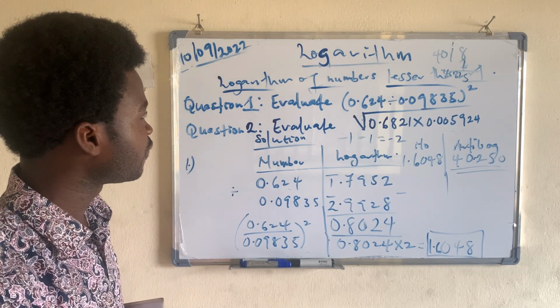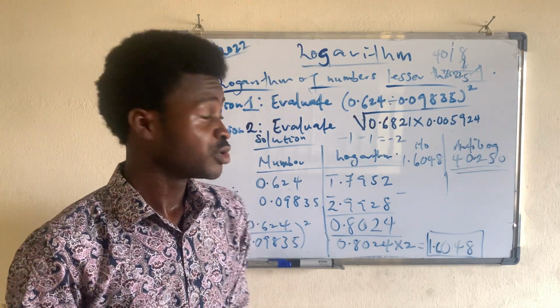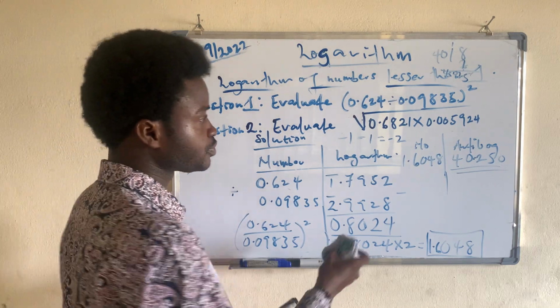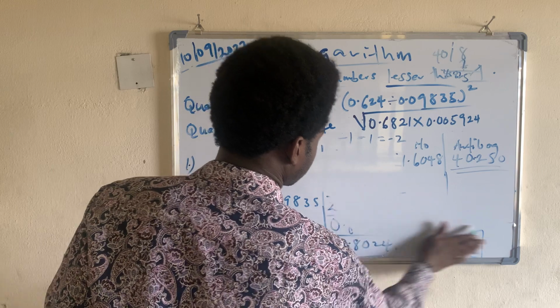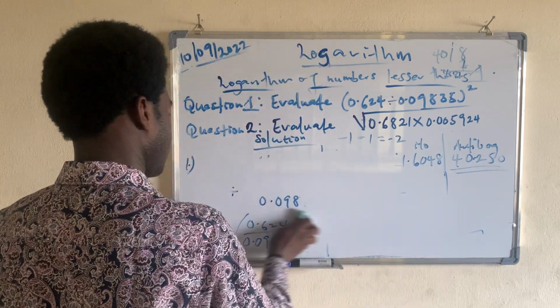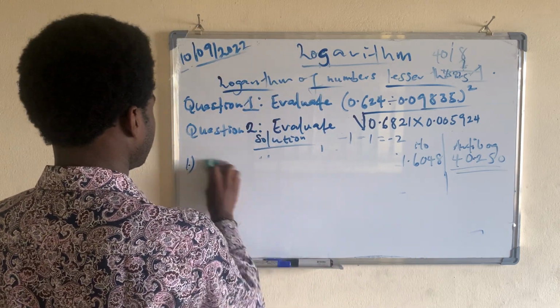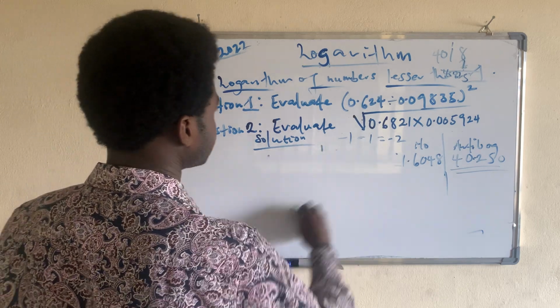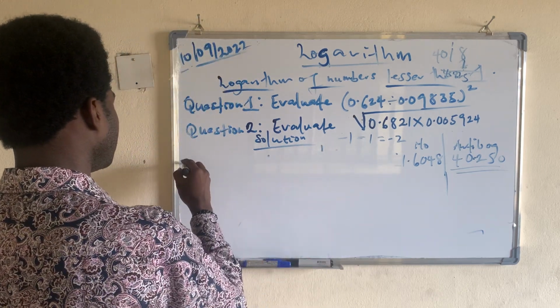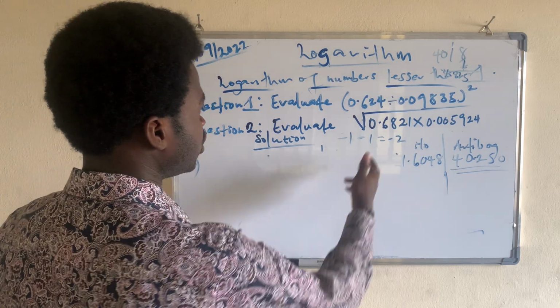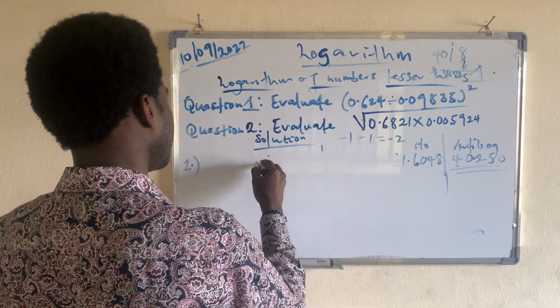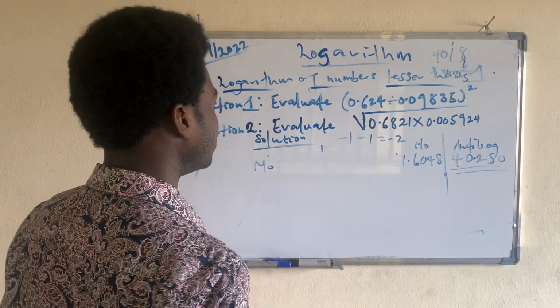So we quickly solve problem 2. Problem number 2. We have that we should evaluate this. So the same way we are making use of our logarithm to evaluate that.